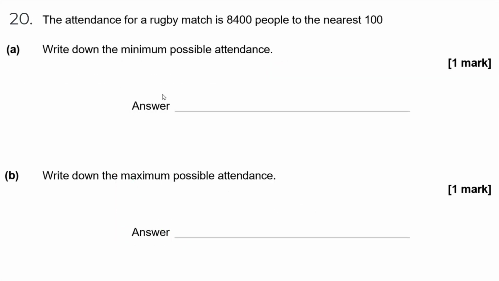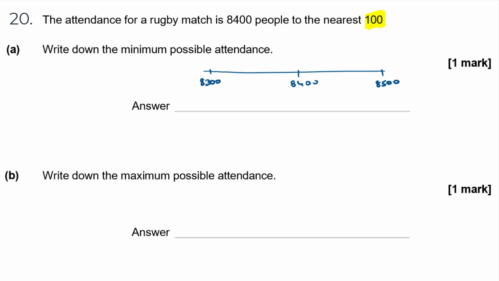The attendance for a rugby match is 8,400 people to the nearest 100. Write down the minimum possible attendance. Okay, so if it's been rounded off to the nearest 100, if we imagine a number line with 8,400 marked on it and going up in hundreds, then the next number on that scale would be 8,500, and the one below it would be 8,300.